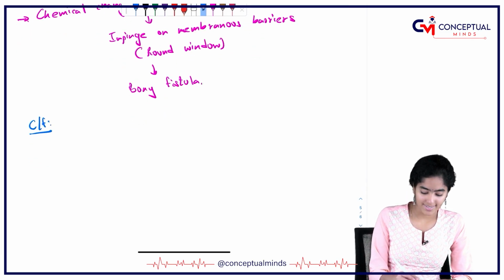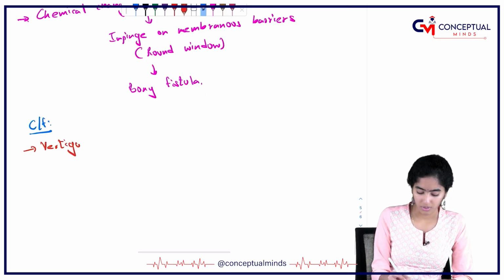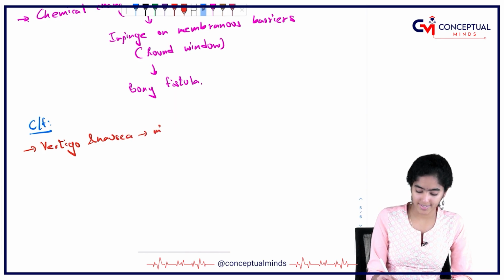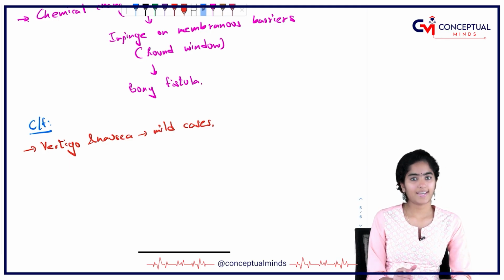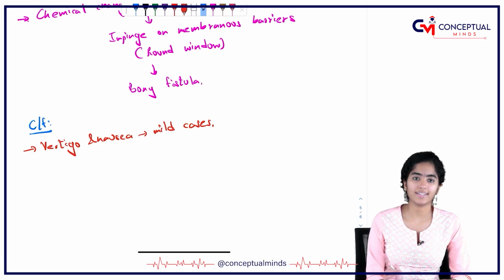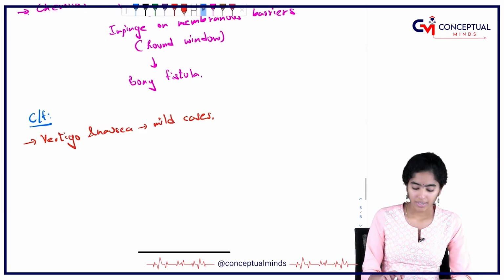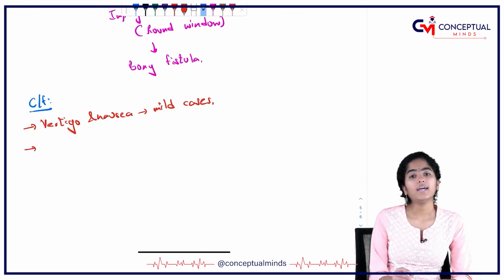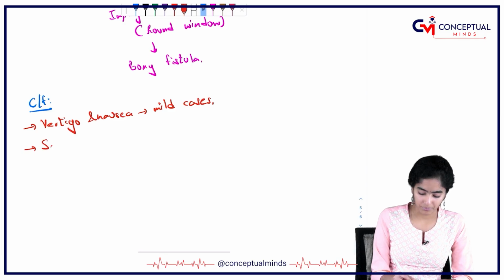In severe cases, the vertigo is even worse with marked nausea, vomiting and spontaneous nystagmus. Now this vertigo could be either spontaneous or rotational type.